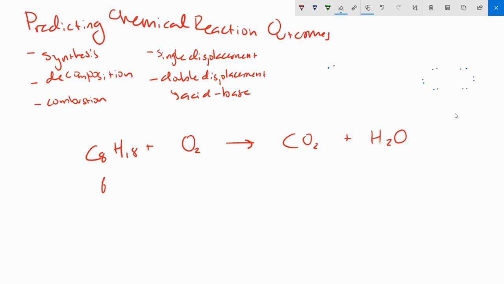Erase this stuff so it looks pretty. Now I have to balance. This one's kind of a bear to balance, so I'm just going to put the final result at the end. If you want to see how I did it, email me or ask me in class. But we're going to need 2 of those C8H18 molecules. We're going to need 25 of these oxygen gas molecules.